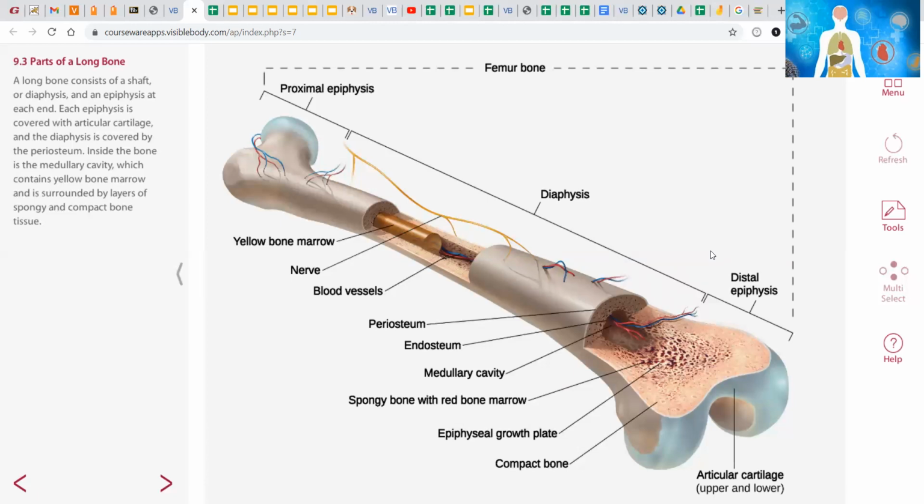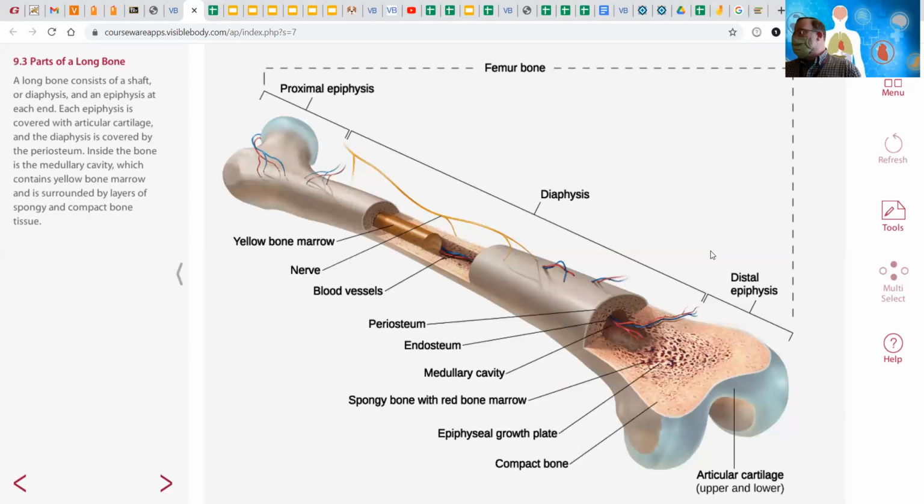So the proximal end of a bone, again, is going to be the end of the bone that's closest to where it attaches to the body. So the distal end is the further end of the long bone, further from its site of attachment.